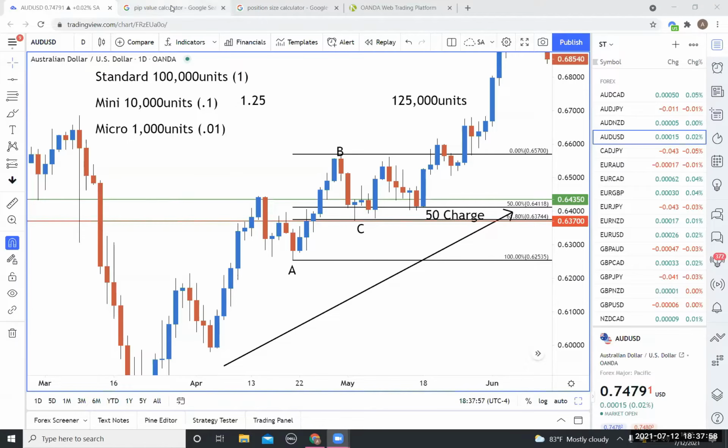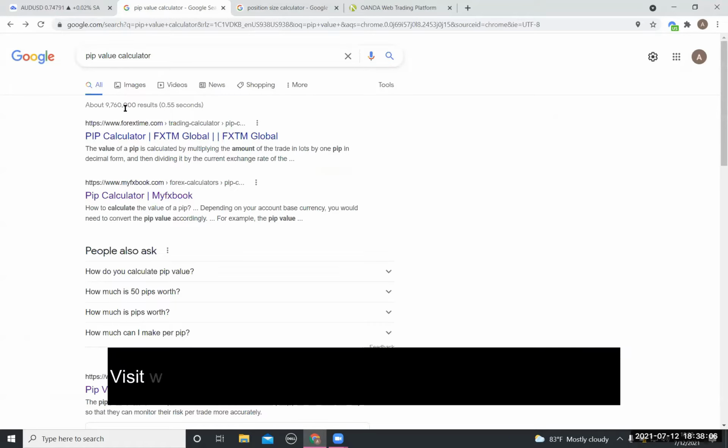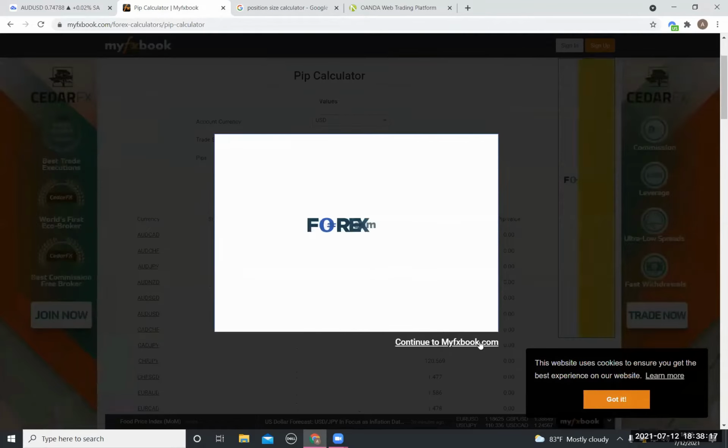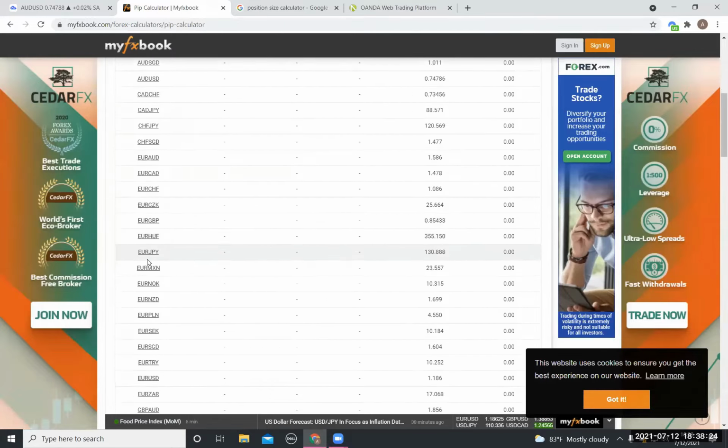All right, I just went to Google and I searched for pip value calculator. And it gave me a whole bunch of different hits here, right? But this one is easy to use, this pip calculator, MyFXBook, right? And so this pip calculator here will actually tell us what the pip value is for all the different currencies.